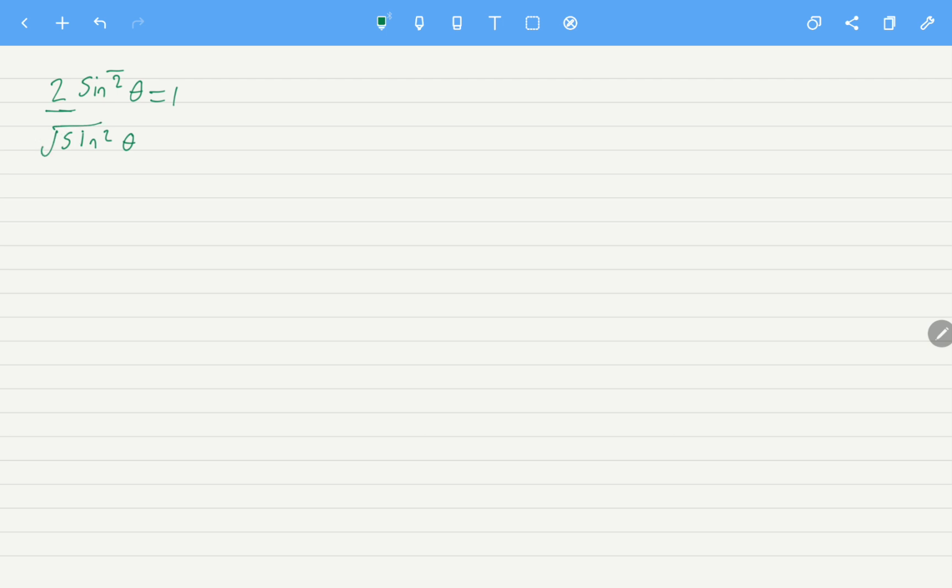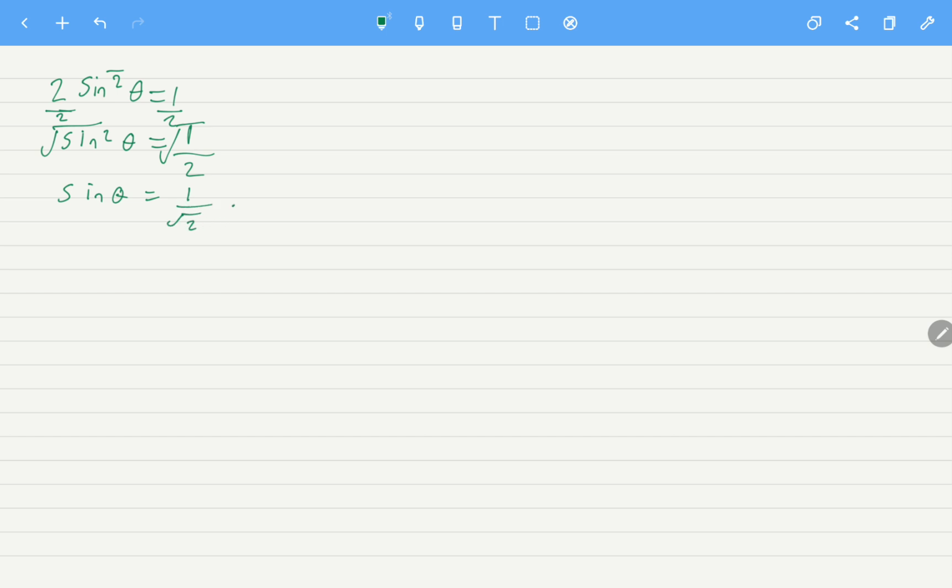So essentially what you do is you square root this, you bring the 1, and then you also have to divide by 2, and also root this, which is unfortunate, because now we have sine theta equals 1 over root 2.